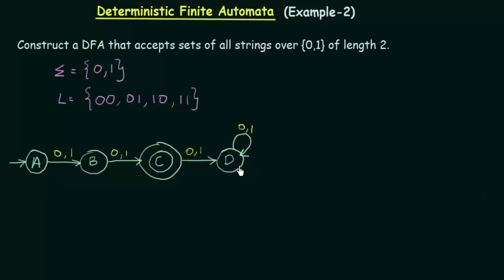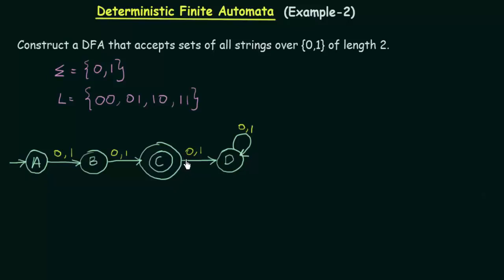Now what is the meaning of this? When I reach state C, the length of my string is already 2. Now if I get another input, the length of my string becomes 3, and that should not be accepted. So it goes to state D, and after reaching state D, whatever input you get, it stays in state D, and from state D there is no possibility of coming back to state C, which is the final state.